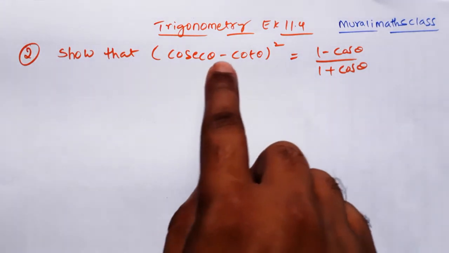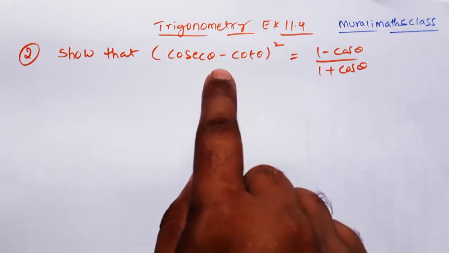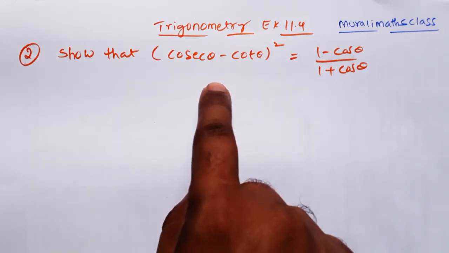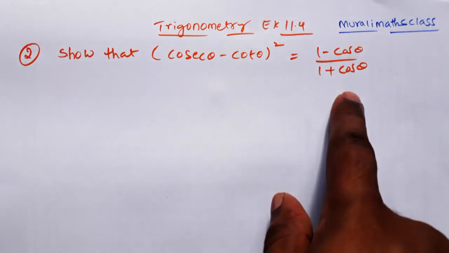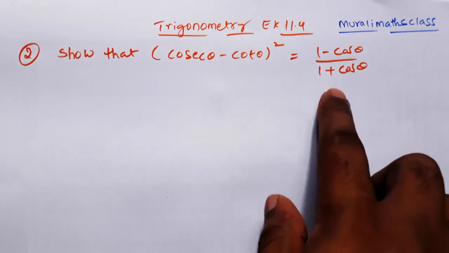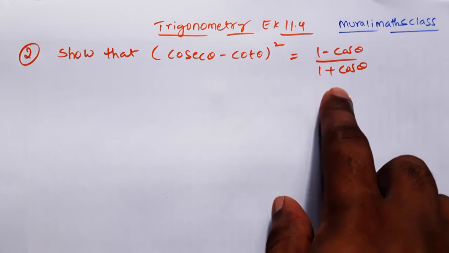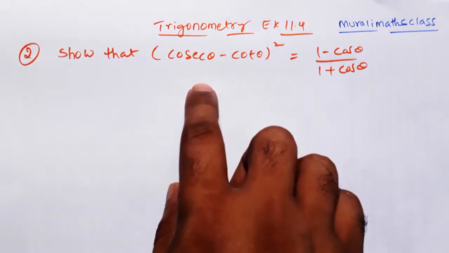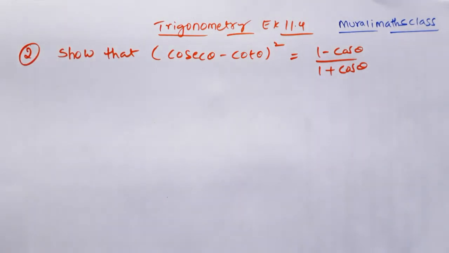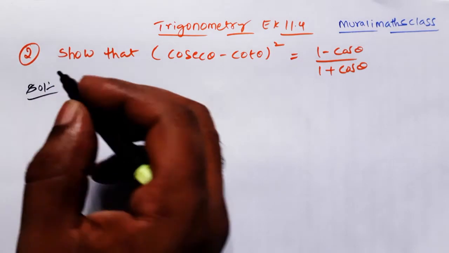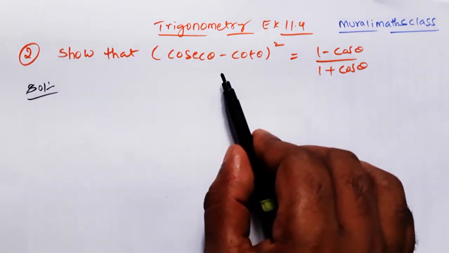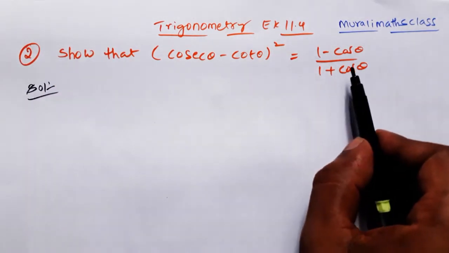Show means what? Take any one thing. Take LHS and simplify that. We have to get RHS answer. Otherwise take RHS, simplify this, we have to get LHS answer. So that is the meaning of show. Okay, we can take this to get this answer.